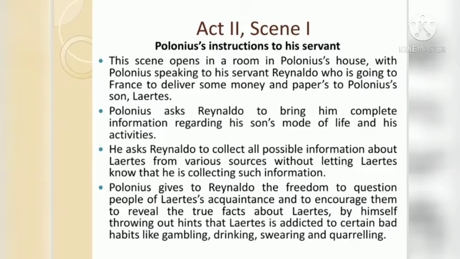And look at the crookedness of Polonius. He wants Rinaldo to question each and every acquaintance of Laertes, and he is saying that he should give away hints that Laertes is actually a person with so many bad habits like gambling, drinking, swearing, and quarreling, thinking that giving away these leads would encourage Laertes' acquaintances to speak about the truth regarding him.